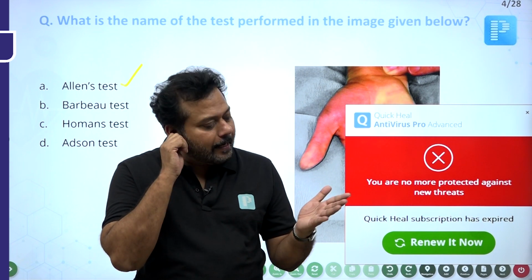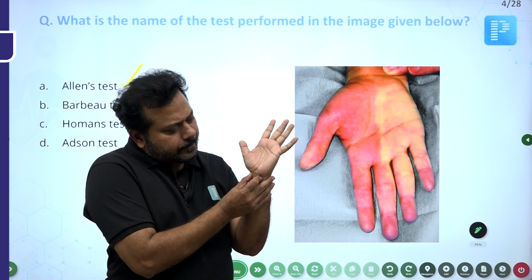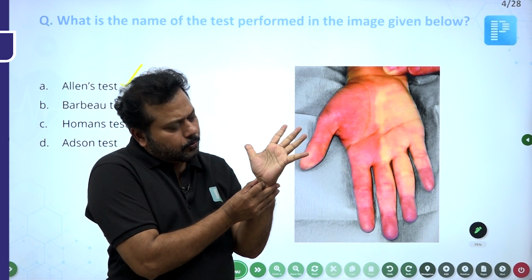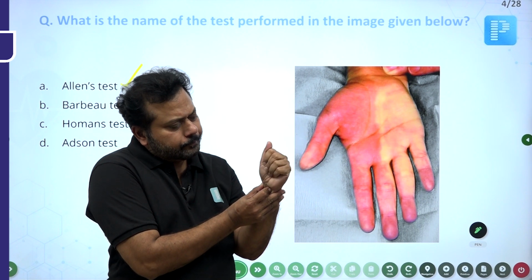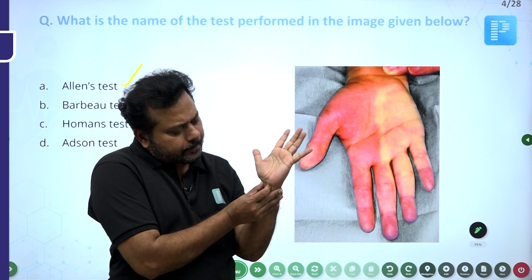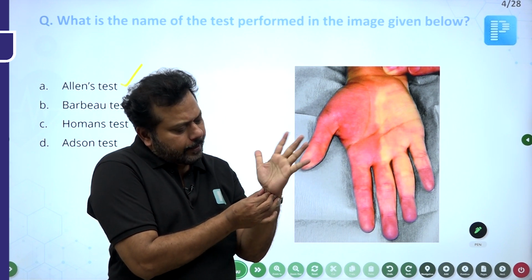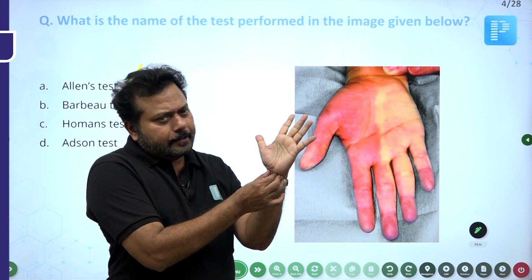So what is this Allen's test? You compress the ulnar artery, ask the patient to close the fist and open it, for 10 times. There will be blanching.